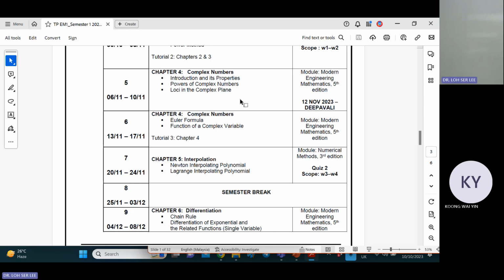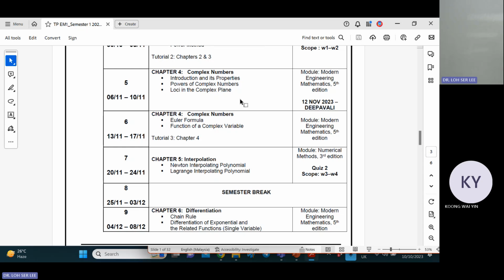After discussion among the lecturers involved, we have agreed that this chapter is not covered under any assessment of this course. Meaning that you don't have complex numbers for quizzes, assignment, midterm or final exam. You won't see this question.